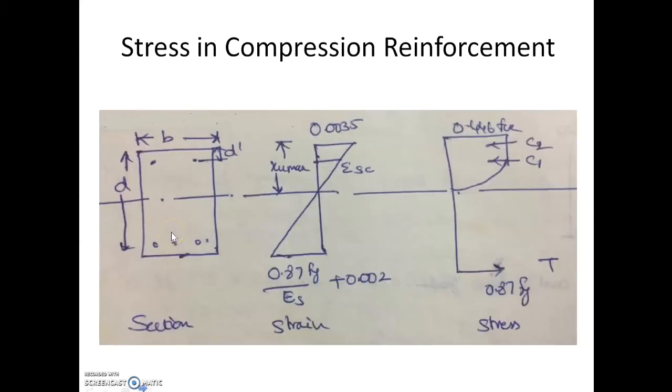This is the doubly reinforced beam which has b width and small d effective depth, and d prime is the distance between the top of the beam and the center of the compression reinforcement. At the top of the section we get the maximum strain of 0.0035, and here the proof stress strain is 0.002, and at the bottom it is 0.87 fy by Es plus 0.002.